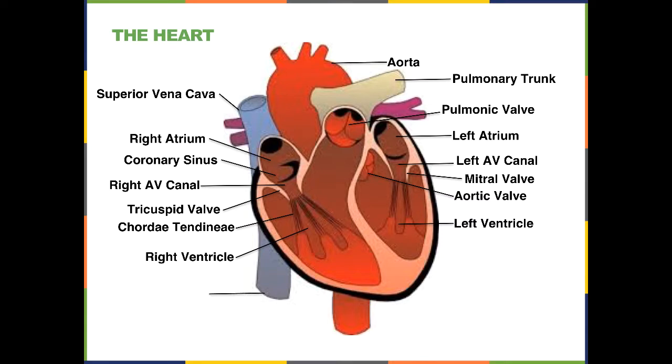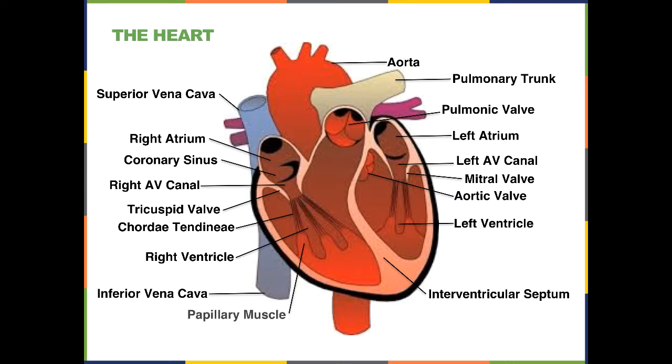The blood vessel that drains the bottom half of the body is the inferior vena cava. The part of the muscle that divides the left heart from the right heart is the interventricular septum. These muscles that hold the valve open when it needs to be open and close when it needs to be closed are the papillary muscles.